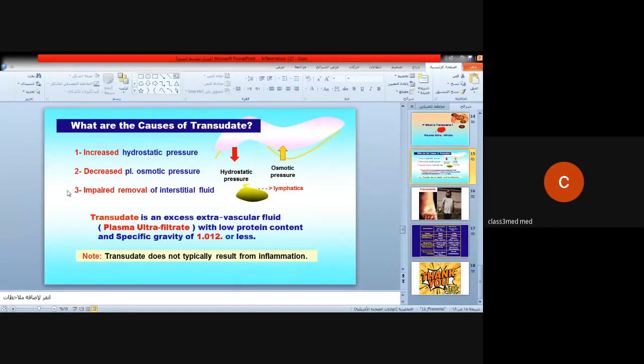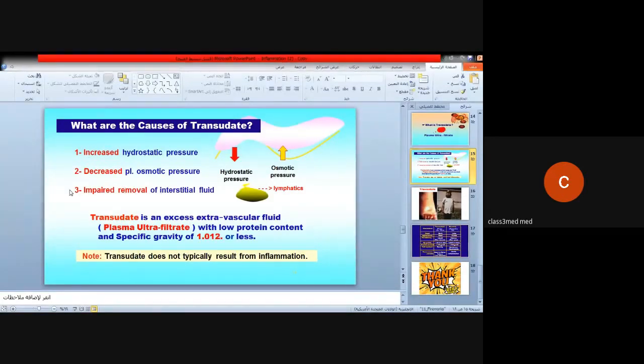Or transudate is due to the removal of interstitial fluid by lymphatics. When there is obstruction in the lymphatic vessels or lymphatic channels, no fluid will be removed from the tissue, and it will accumulate in the tissue because of obstruction in the lymphatic channels.